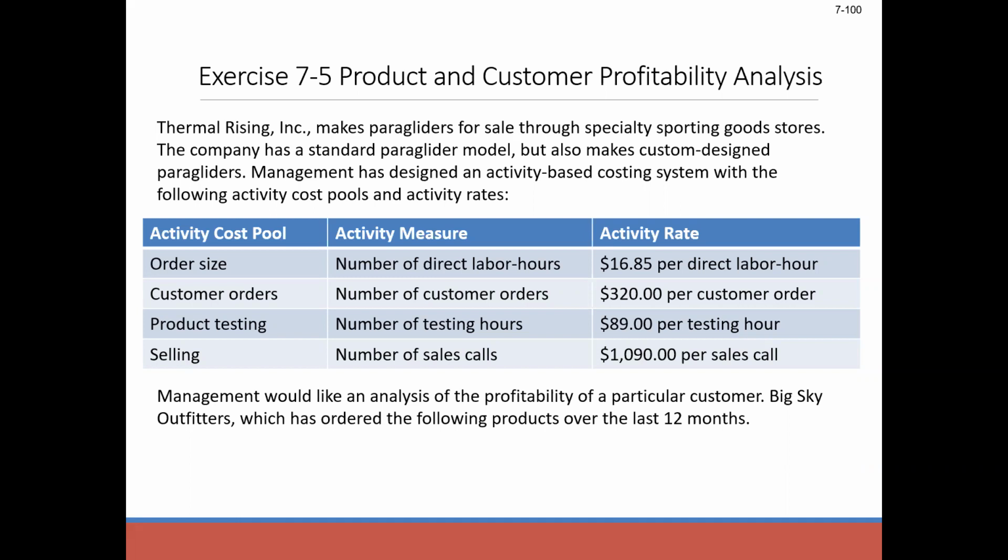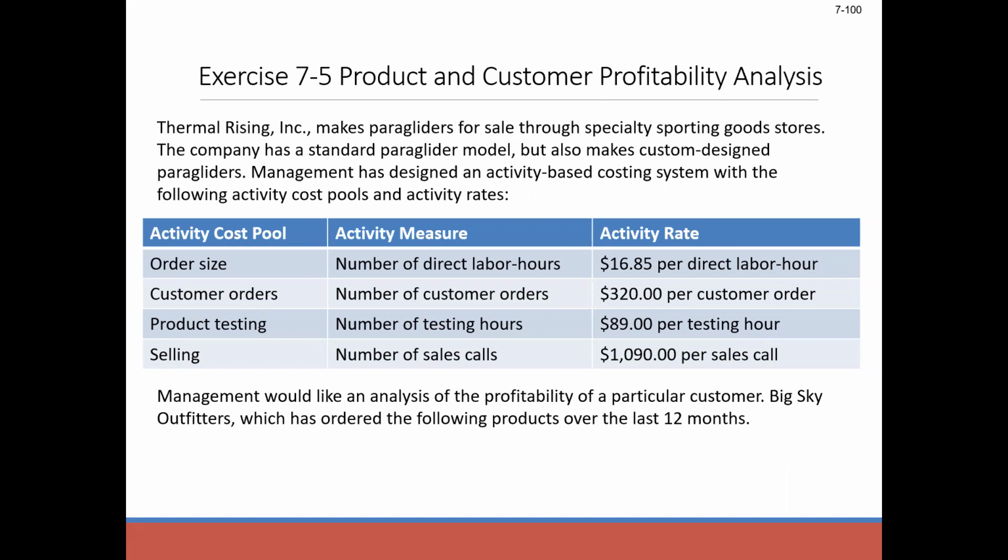We've got order size, and we've got number of direct labor hours and how much the rate is per direct labor hour. Customer orders, we have $320 per customer order. Product testing, $89 per testing hour. And selling, we've got $1,090 per sales call.